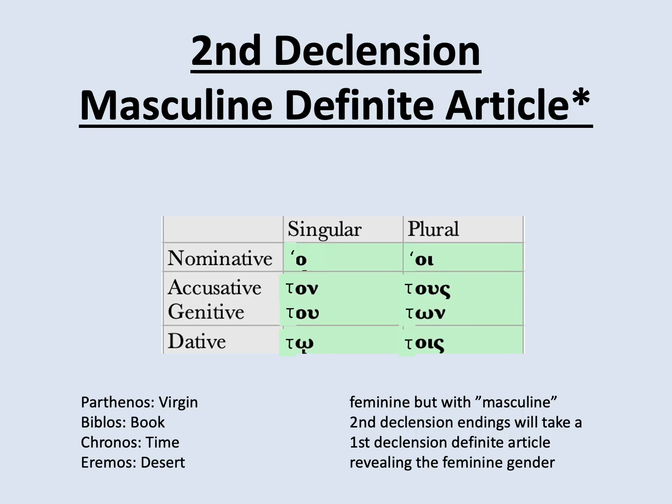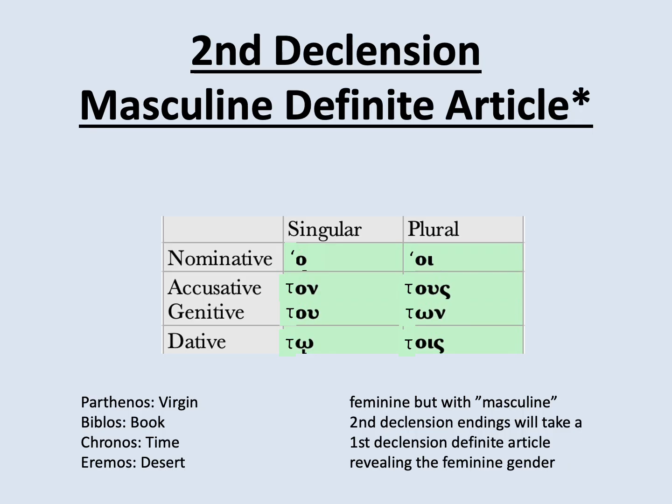But here, because it curls to the right, it is actually pronounced. So this is pronounced almost like an H, ho, or hoi. If we were to spell this out, we would actually spell it H-O or H-O-I. So in the nominative singular, it's not os, it's ho. And in the nominative plural, it's not oi, it's hoi. And then in all the rest of them, it's the tau: ton, tous, tou, tôn, tô, tois.